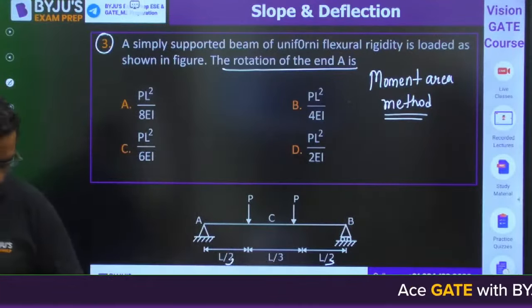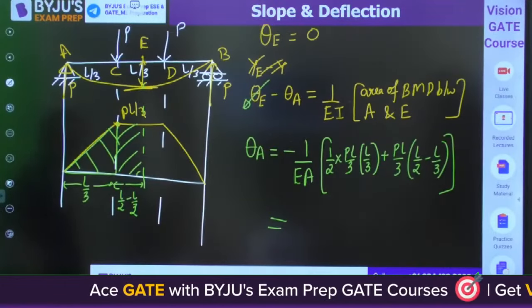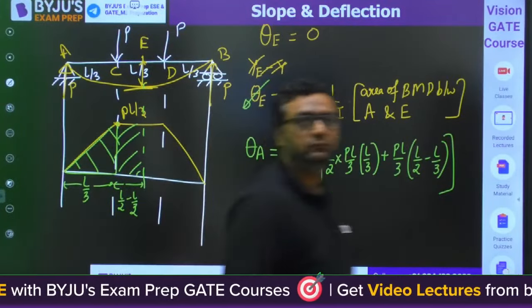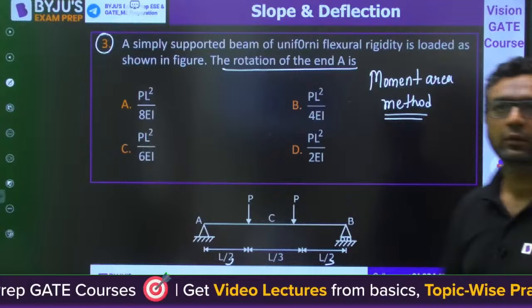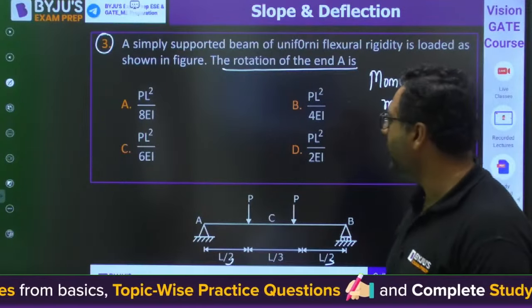Tell me which option is correct. Okay, Satya is saying A is correct.